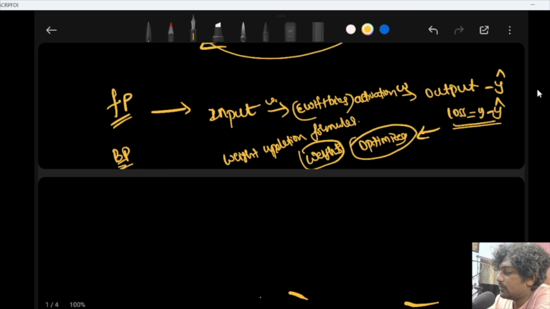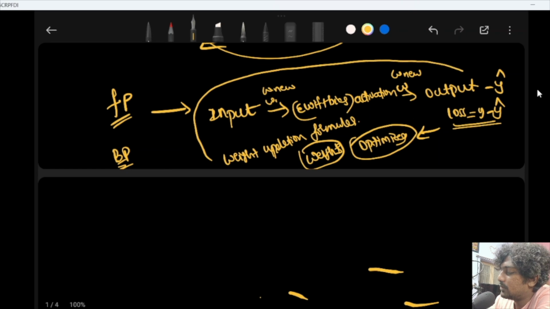And then after the weights are updated, it goes again here. If we didn't find the global minima, that is, if the difference between the truth value and the predicted value is high, then it goes again here, and the optimizer updates the weights using the weight updation formula and goes here.